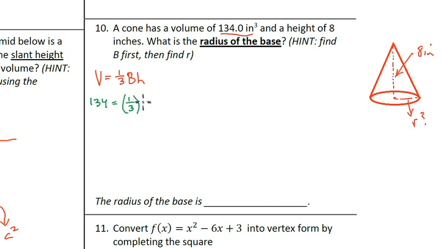We do not know base area because we don't know the radius, but we do know the height. Now class, look, there is your basic algebra from last year. You should all be able to solve this equation and find out what capital B stands for. Now I'm going to give you all a tip to help you with this fraction, because we know a lot of you do not like to deal with fractions, so I will tell you, then get rid of the fraction.